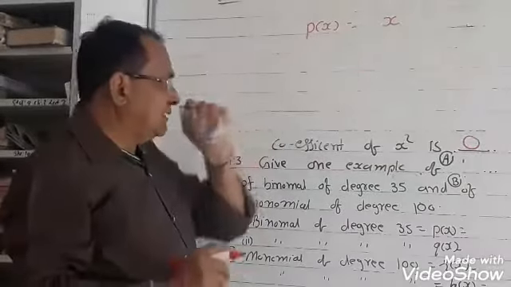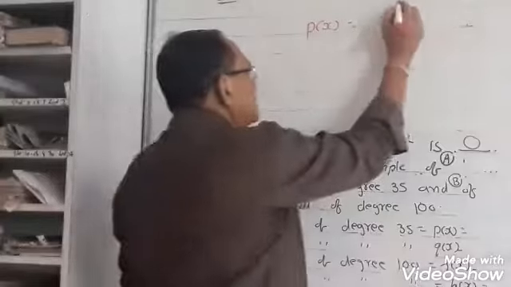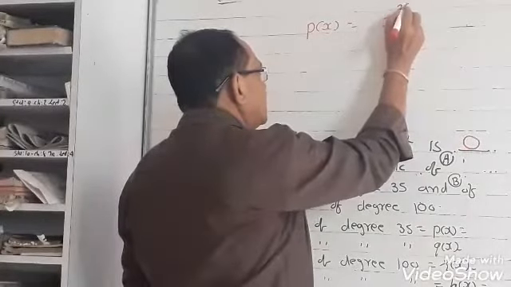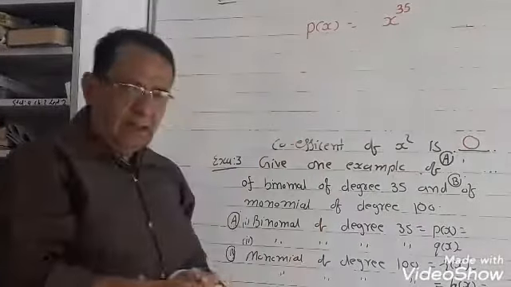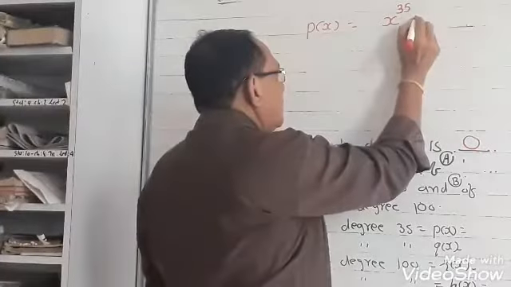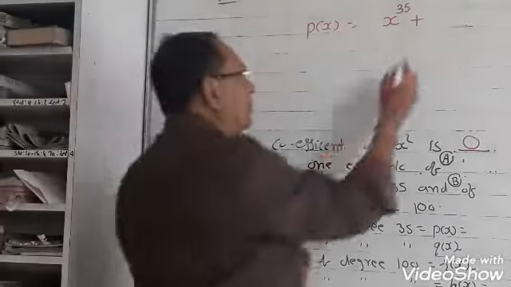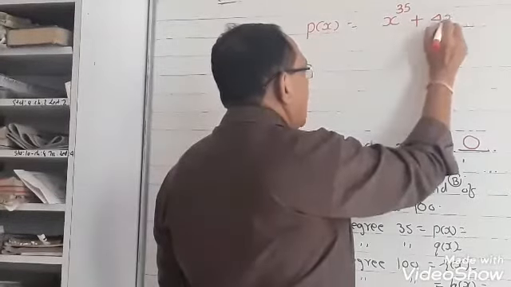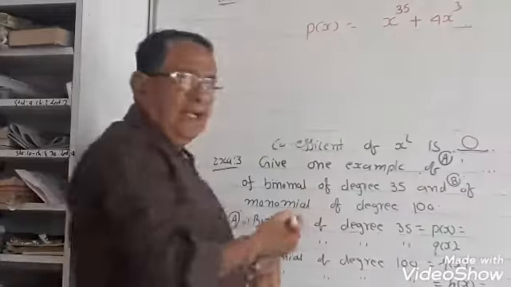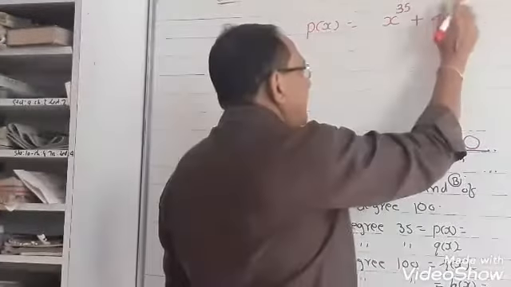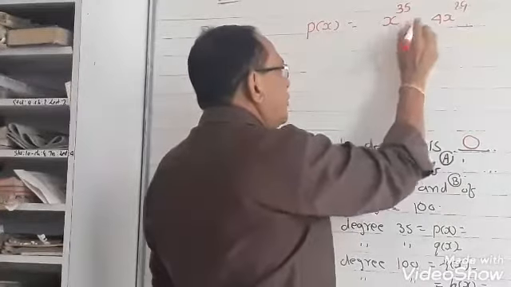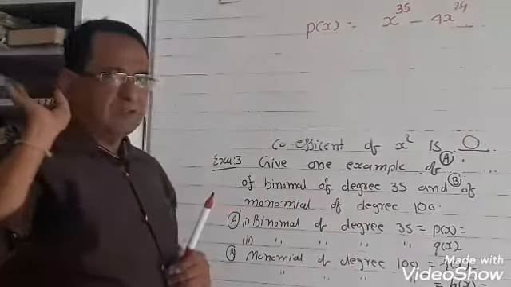So P(x) is equal to, you must write one term with power 35 and the second term whose power must be less than 35. Suppose I have written 4x raised to 3. You can also write x raised to 29 minus 4x square, but 2 terms must be there.